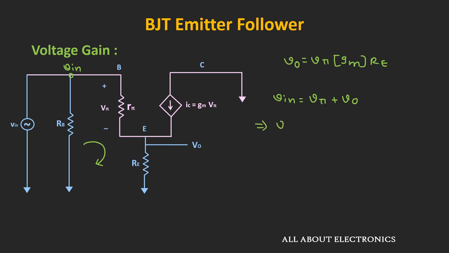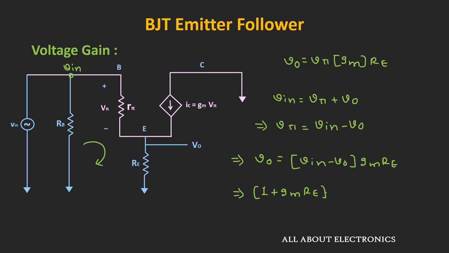That means voltage V pi is equal to V in minus V out. That means voltage V out is equal to (V in minus V out) times GM times RE. That means (1 plus GM times RE) times V out is equal to GM times RE times input voltage.